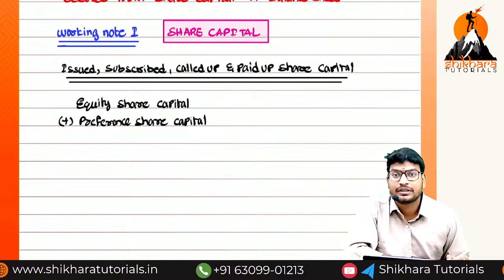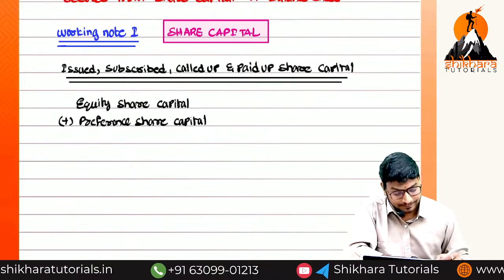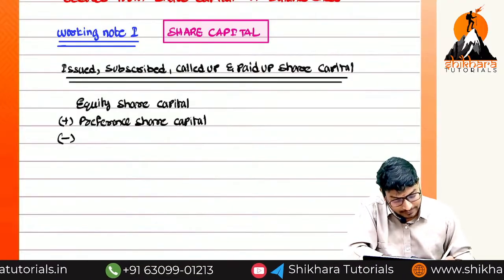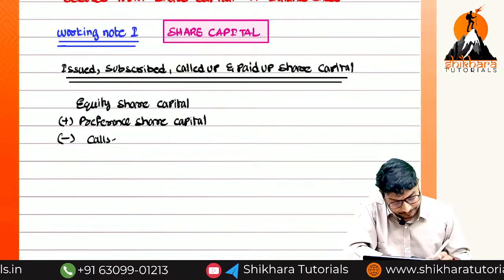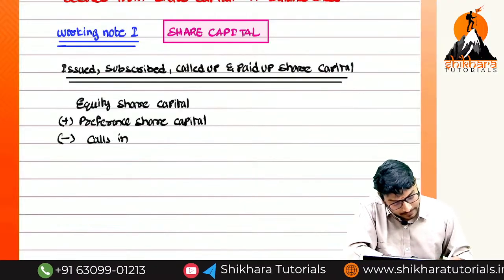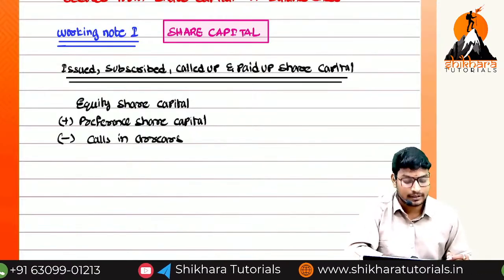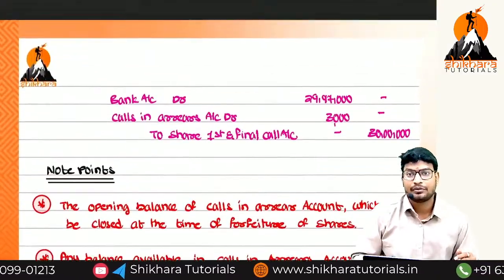We have to reduce, because that is an asset. Even though that is an asset, we are reducing from equity share capital or preference share capital. So minus calls in arrears.